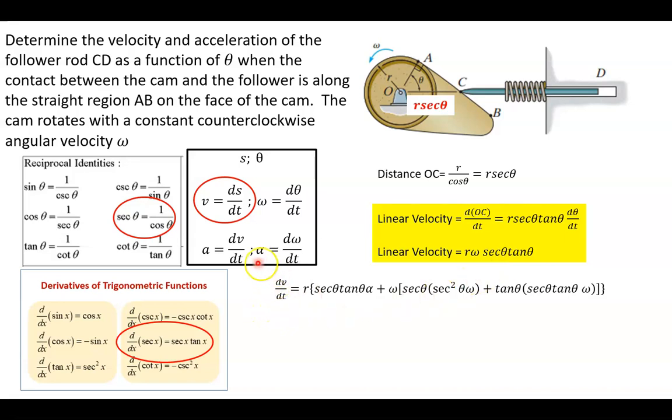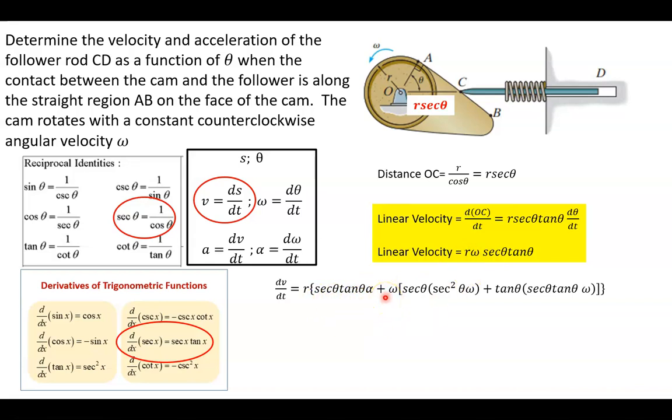So the derivative of the velocity with respect to time, or acceleration. This R is a constant, so it comes all the way out to here. Secant of theta times the tangent of theta times alpha, angular acceleration. So that's the derivative of the omega.